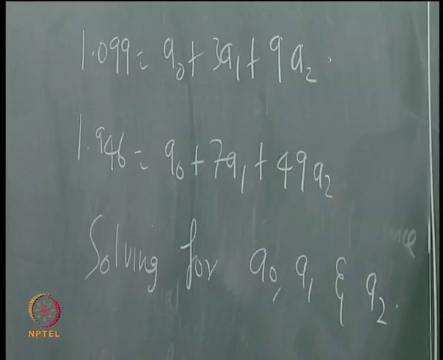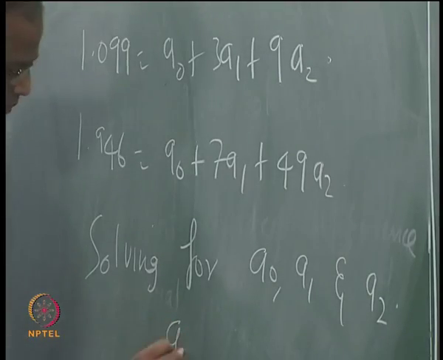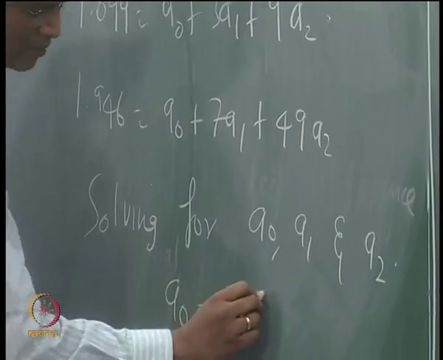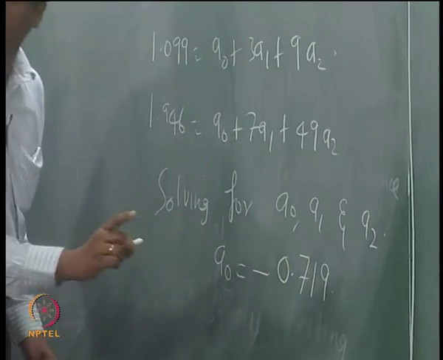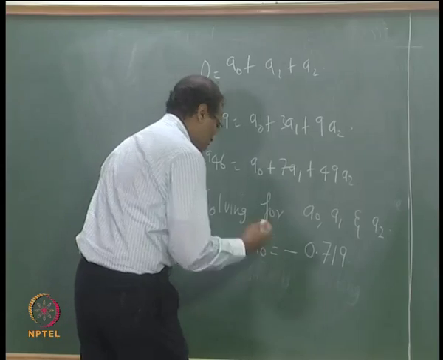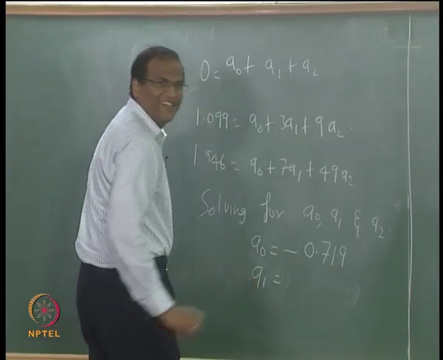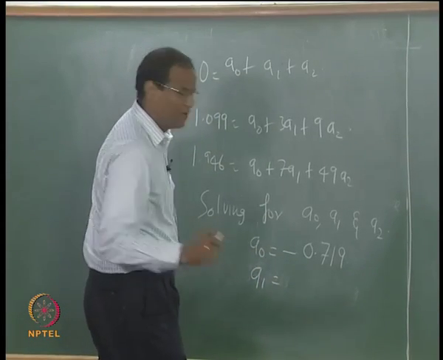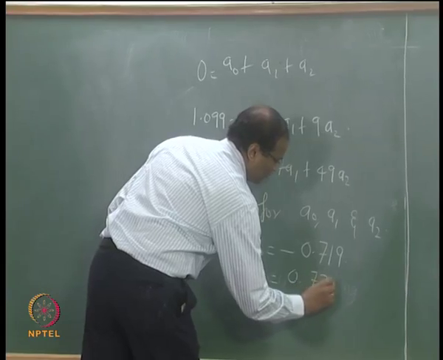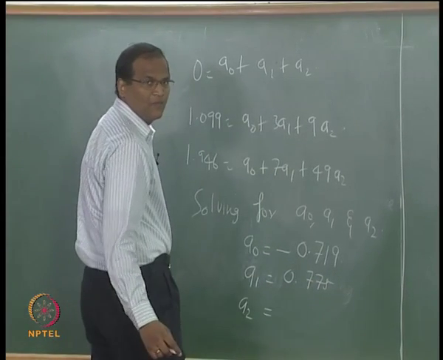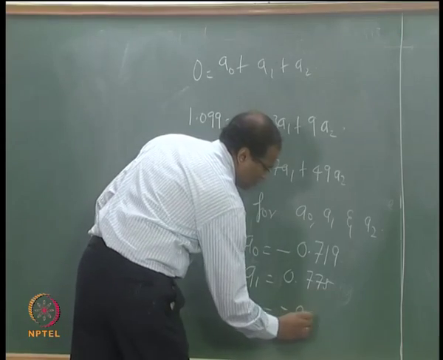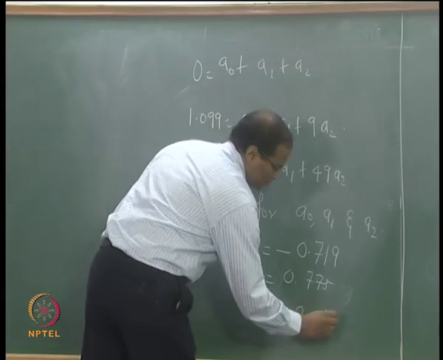So A naught is minus point, correct? Okay, A1 minus point 0.05, that's it.